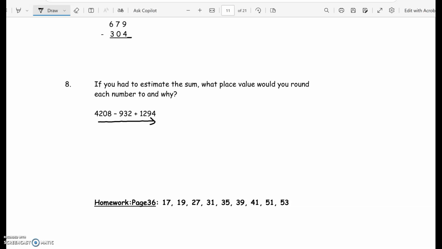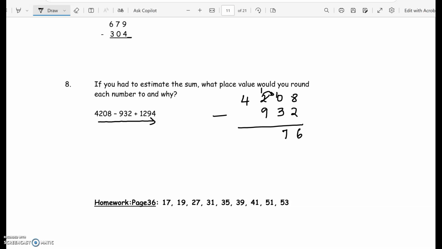Whatever comes first, we have to do that first. 4,208 minus, and line up the place values. 9 is in the hundreds place, 3 in the tens, 2 in the ones. We subtract. 8 minus 2 is 6. We have to borrow a 1. So 10 minus 3 is 7. That becomes a 1 because we borrowed a 1.